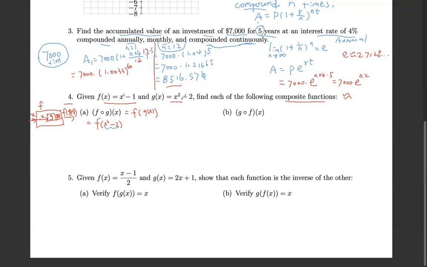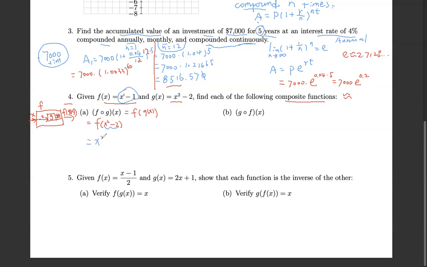So here we just read it as f of input. F takes the input and subtracts 1 from the input. And g takes the input, squares the input, and subtracts 2 from the input squared. So for this case, it is the input minus 1.